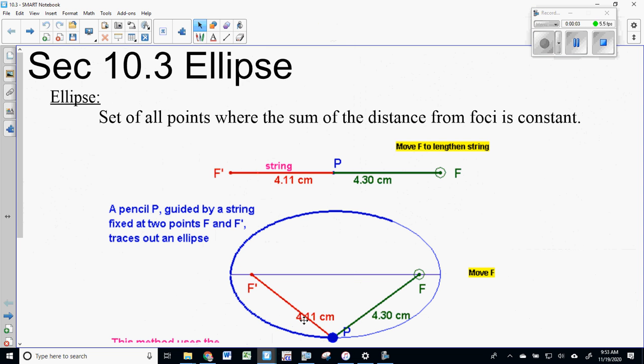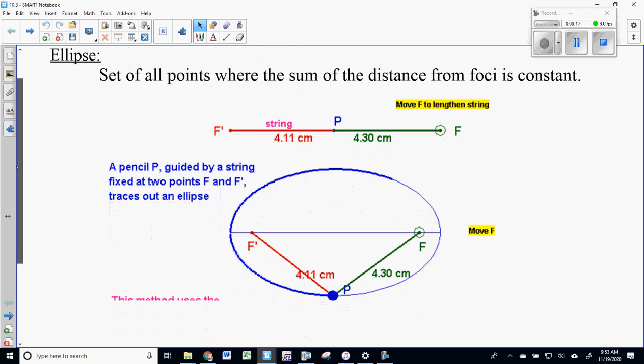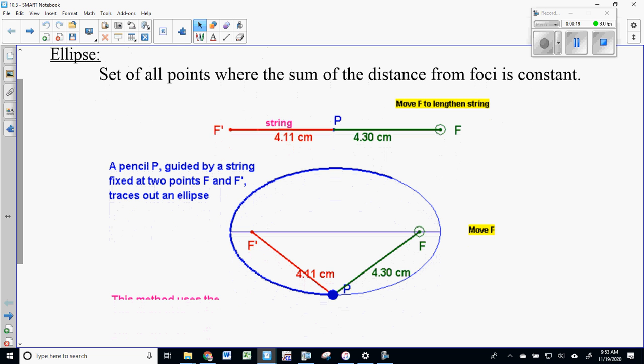We want to look at ellipses today, and we started talking about ellipses yesterday in terms of just some general overview, if you remember. And we said the ellipses were the set of all points where the sum of the distance from the two foci is constant.